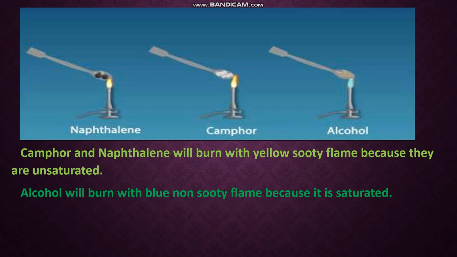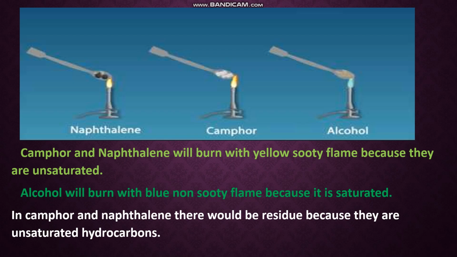So the percentage of carbon is less, so it undergoes complete combustion here. In ethene and ethyne, the percentage of carbon is more. Ethene is C2H4, ethyne is C2H2. The percentage of carbon is more. So when it undergoes combustion, incomplete combustion takes place and a few carbon particles will be left over there. This appears as the soot.